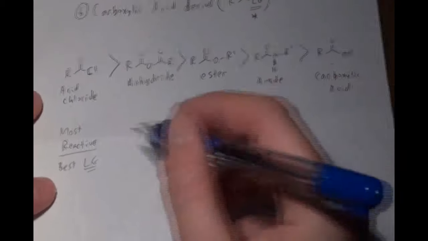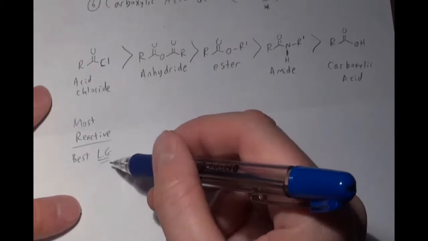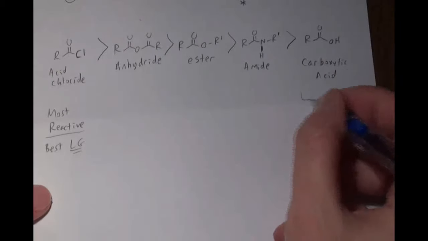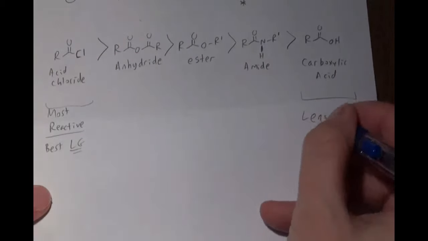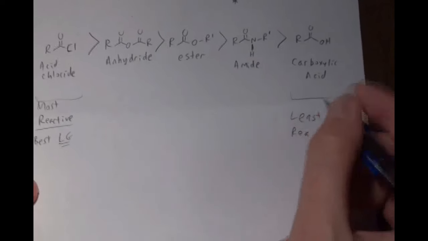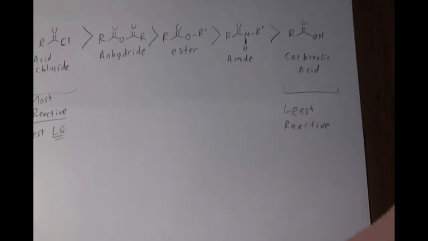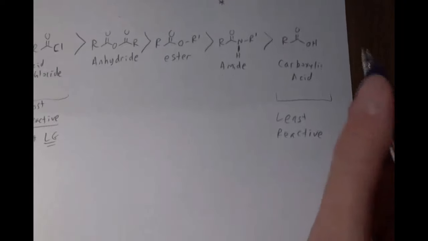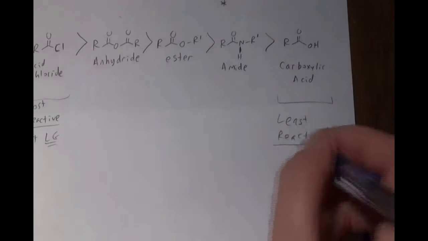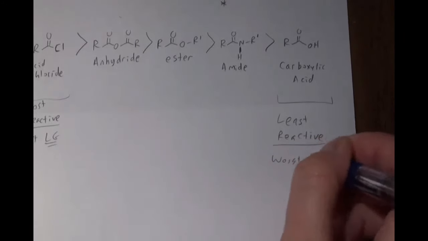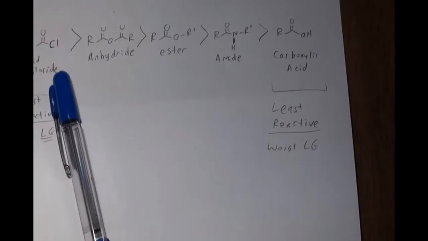And so if the left is the most reactive, best leaving group, the right is the least reactive. And when you think about the leaving group, what's the leaving group? It's the hydroxy. The leaving group is the worst leaving group. Worst LGs, the worst leaving group, okay?